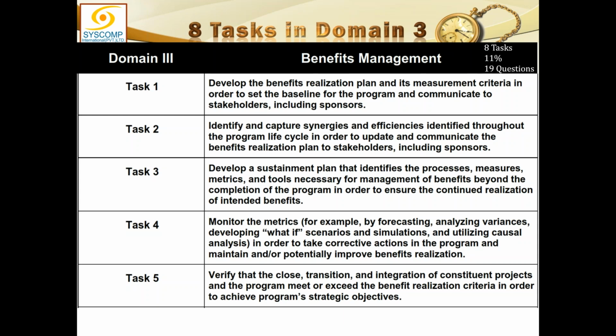This is something like 1 and 1 is 11. So this is how we increase the efficiencies and effectiveness of our benefit realization. Not only that, but we have to bring the stakeholders and sponsors on board by communicating to them these synergies and efficiencies. That was the point.